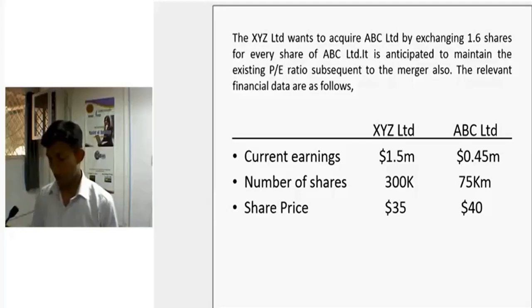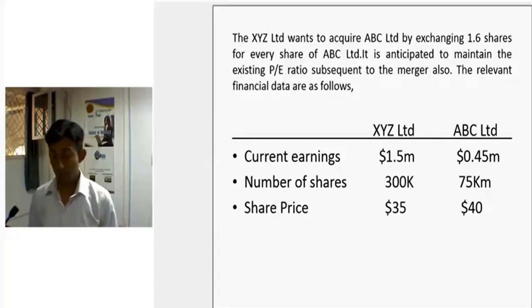What do you mean by that? Price earning ratio means, very simply, if I just refresh, what value the company represents as a number of times of its current earnings. So when the share value is high relative to earnings, the company has a higher PE ratio.